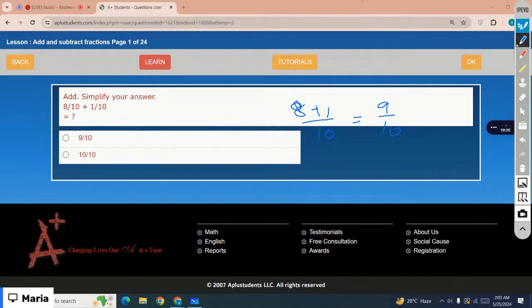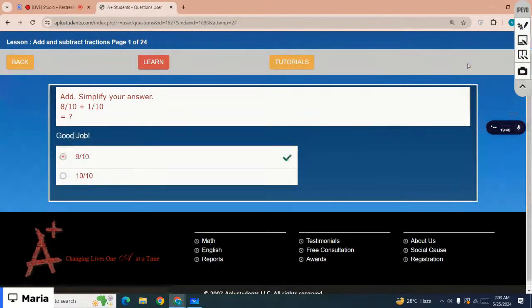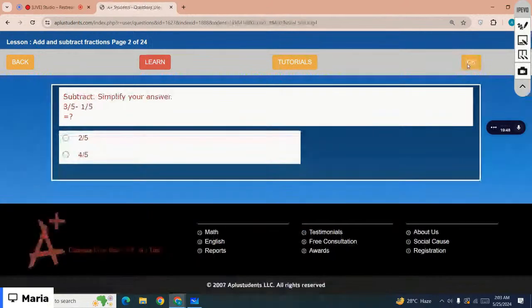Okay, let's just start with the other example. The next example is subtract 3 by 5, take away 1 over 5. So which is the correct option? You have to simply subtract their numerators, right?